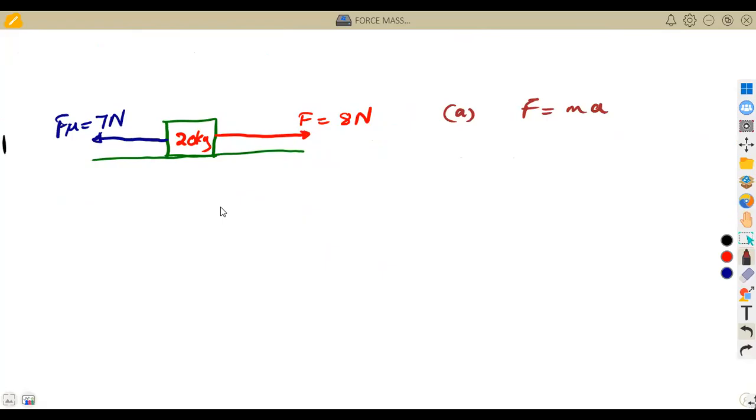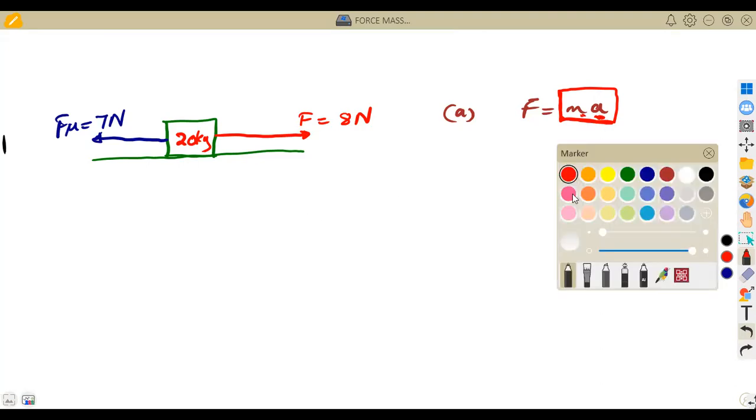Like what we had in the first question. But now we can't use this directly. Why? Because there is a force here that is opposing. So instead of us having this accelerating force equal to ma, because the ma is the accelerating force, mass times acceleration, this one, we said it is going to be equivalent to what?